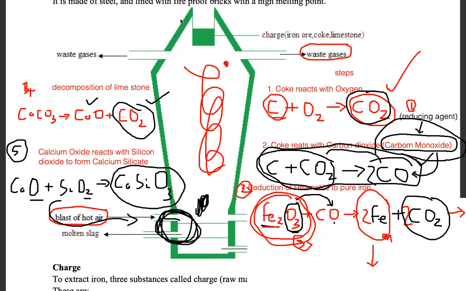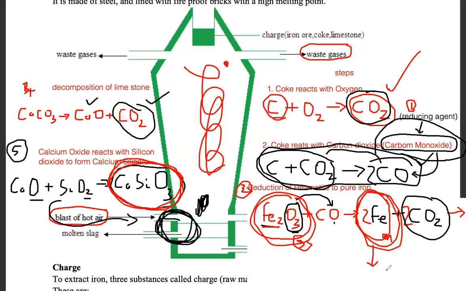So there are two things that we will obtain from the blast furnace at the end of our experiment. One, this iron here is in molten state, it's not solid. This calcium silicate is also in molten state. So we are going to have calcium silicate slag as well as molten iron.